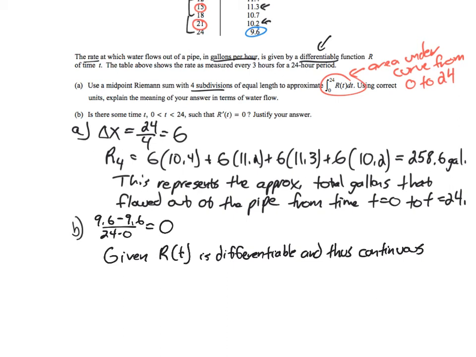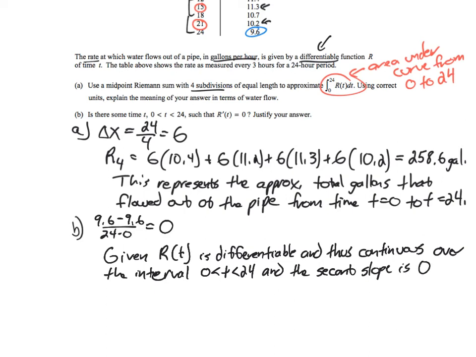So let's say given r of t is differentiable and thus continuous over the interval 0 to 24, and the secant slope is 0, and they can see from our work up here that we calculated it.